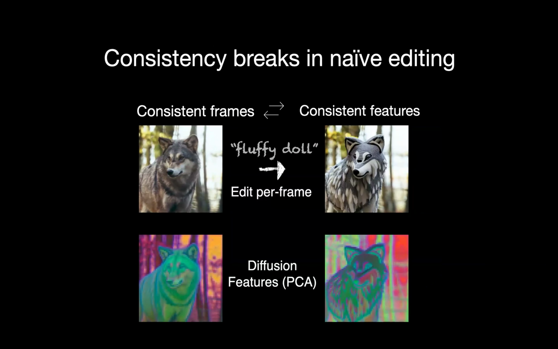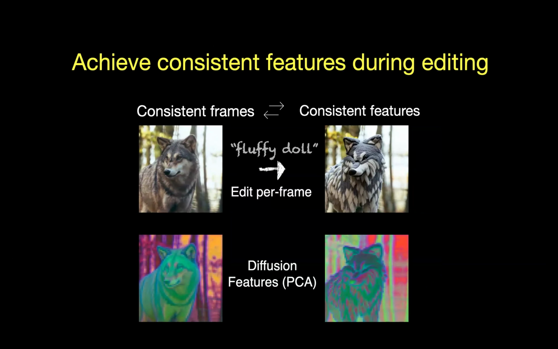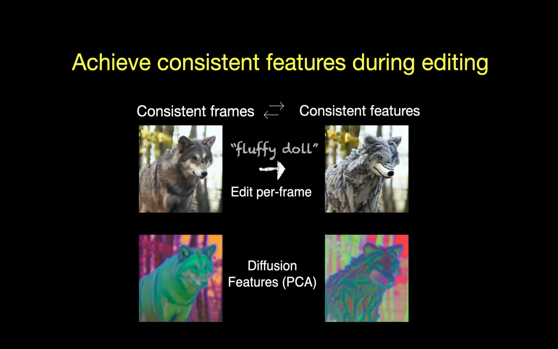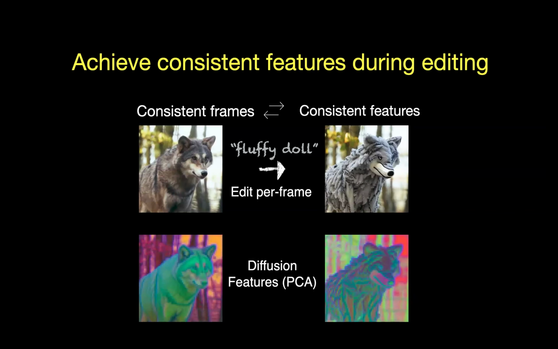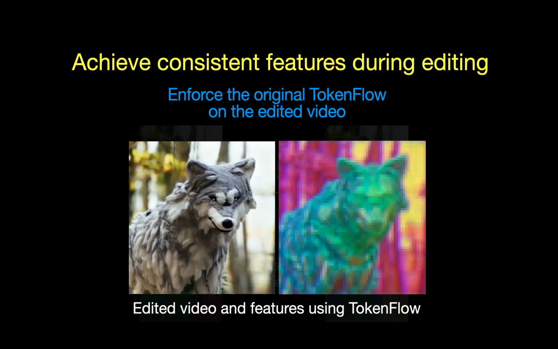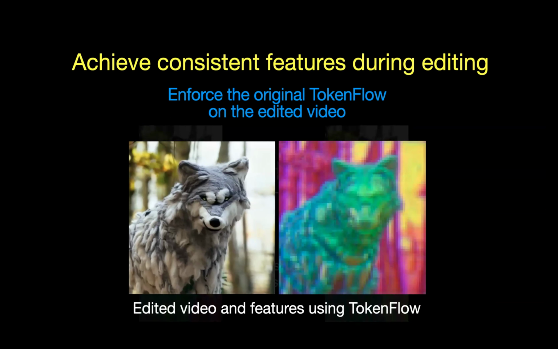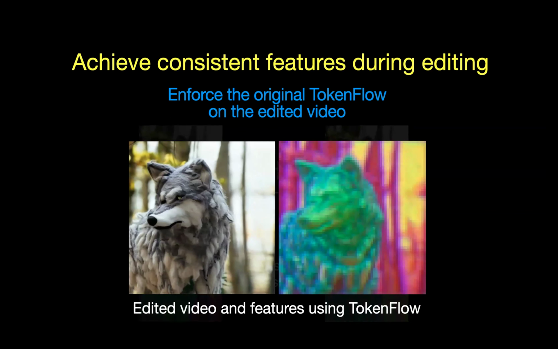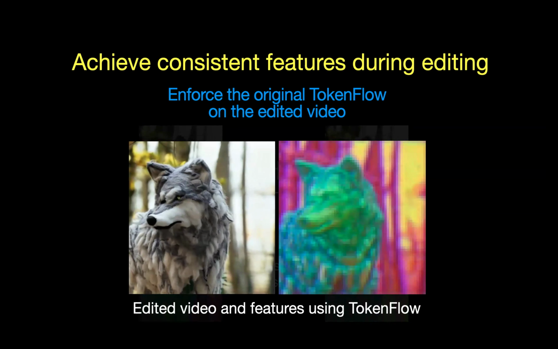So our key idea in token flow was that we can achieve consistent video editing by enforcing consistent feature representation on the edited video. More specifically, we want to enforce the original correspondences between features of the original video on the edited video. We want to enforce the original token flow on the edited video.